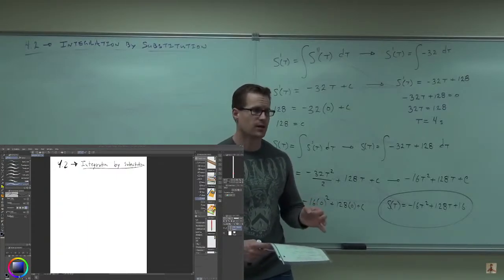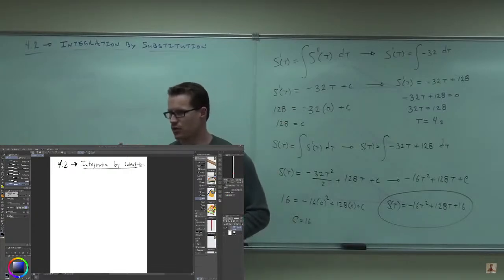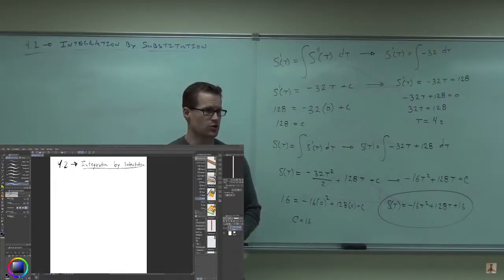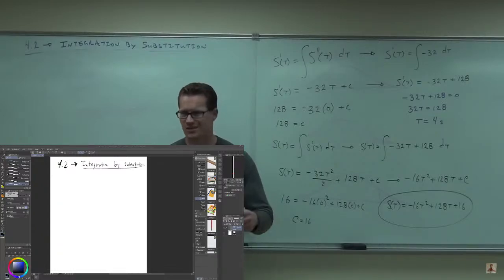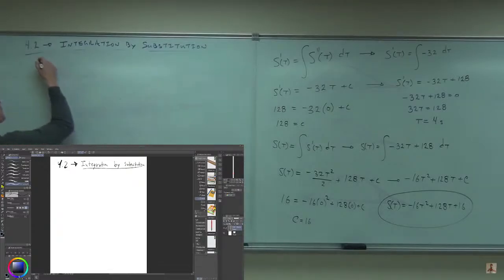It's got to fit. So, what we try to do is either manipulate the inside of our integral somehow by distributing or dividing. Remember, like you did on your homework. You manipulate trig functions and make it fit somehow. What this is called, by the way, is a U substitution.